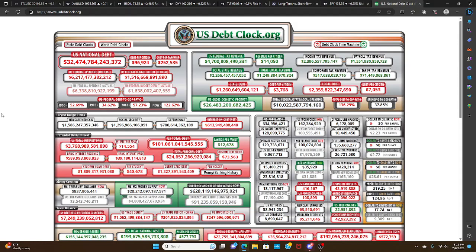Now, if you guys were following the debt ceiling debacle a couple of weeks ago, early June, in real terms, the U.S. government would have a hard time paying down even $50 billion in debt, 50 billion with a B. Now, their debt is 32.5 trillion, with unfunded liabilities it is 200 trillion.